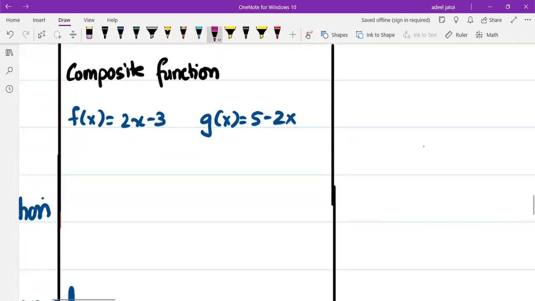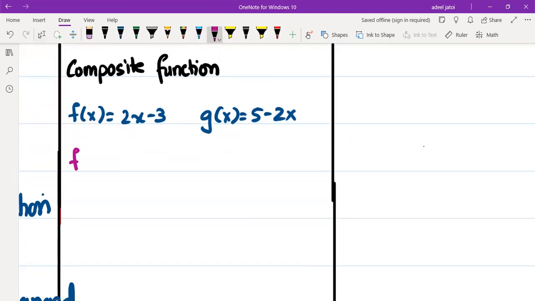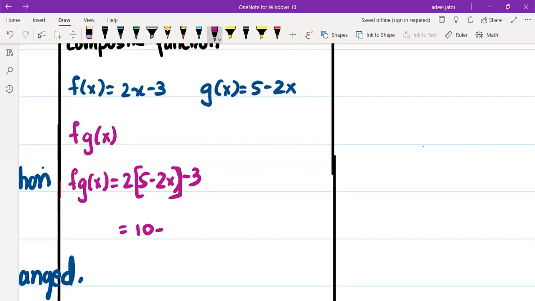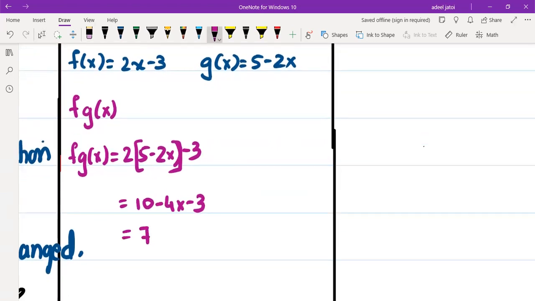And the question says we need to have fg(x). So for fg(x), we need to substitute the g(x) function in f(x). So this is 5 minus 2x, minus 3. 5 minus 2x minus 3, that is 10 minus 4x minus 3. So your answer will be 7 minus 4x. So this is the representation for fg(x).